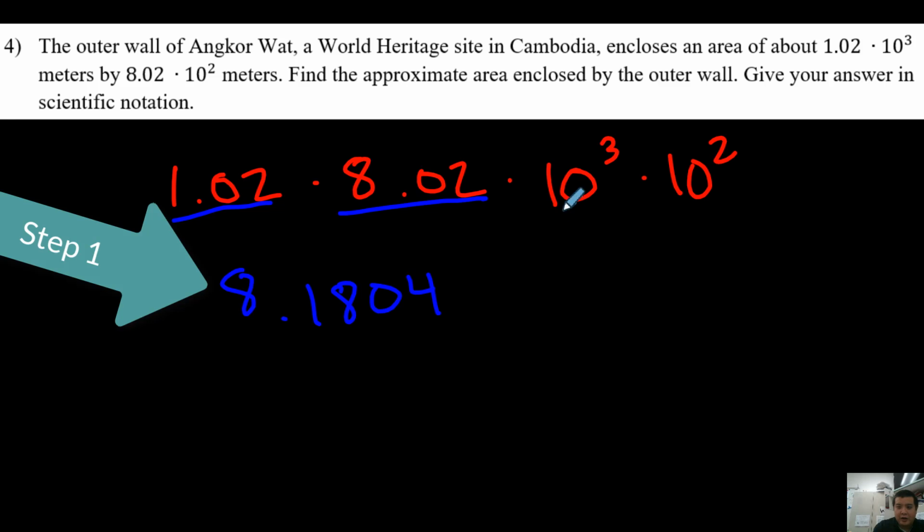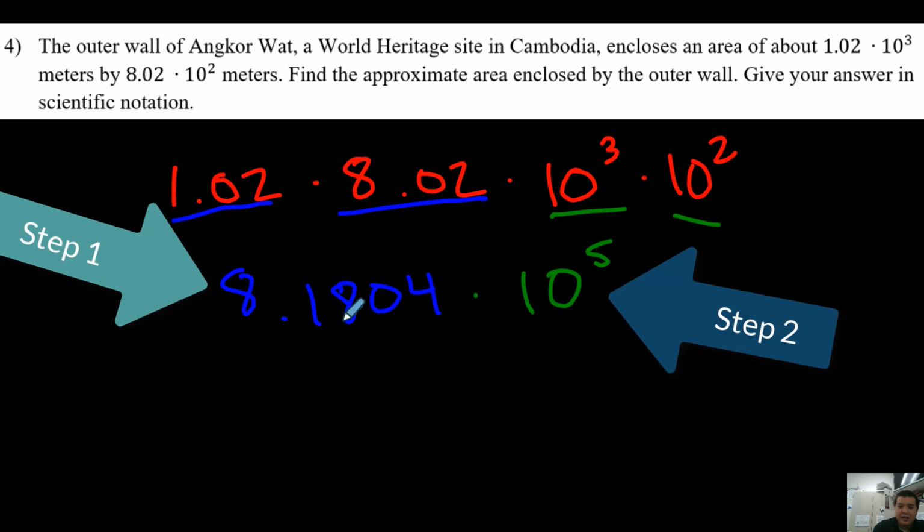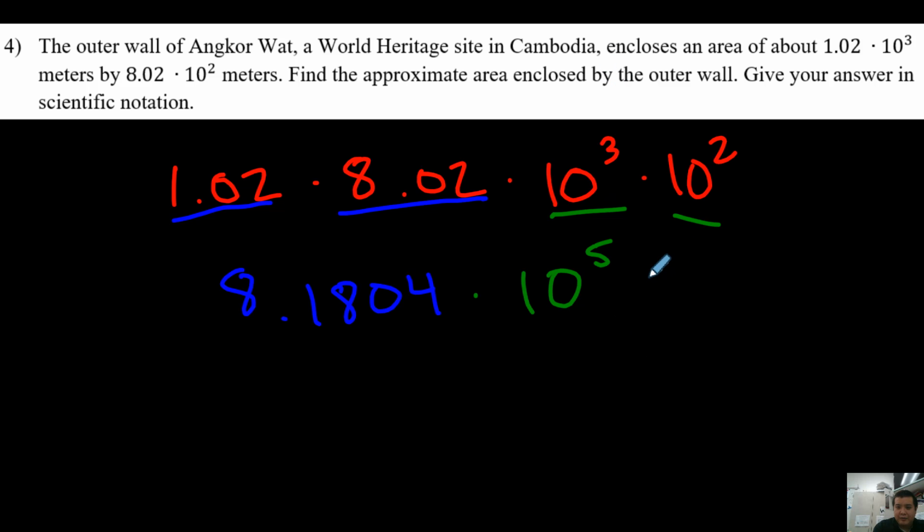And then we're going to multiply our base 10s together. 10 to the third times 10 to the second is going to be 10 to the fifth, because we add our exponents. This is again in scientific notation. Hurrah! So we don't need to adjust it. So we simply put square meters, since we're doing area, as our unit.